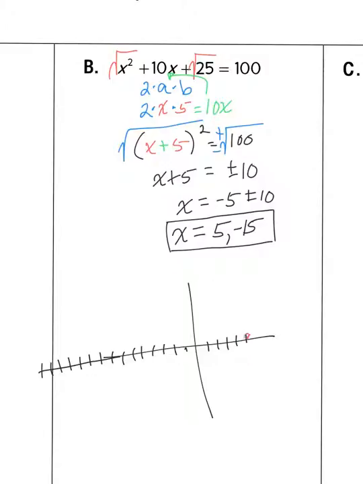I would have a point here and a point here. Halfway in between would be negative 10. So right here. So I know that my axis of symmetry, or negative 5 I meant, not negative 10. So that's where my axis of symmetry would be.